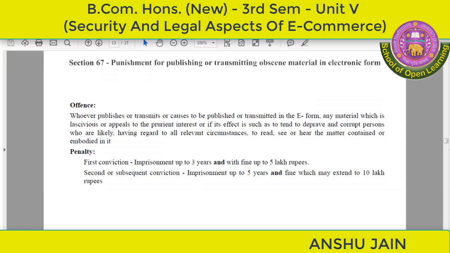And in case the offense is repeated, then from the second time onwards you will have imprisonment up to 5 years along with a fine which may extend to 10 lakh rupees. तो अगर आप किसी भी तरीके का ऑब्सीन मटेरियल डिजिटल प्लेटफॉर्म पे पब्लिश कर देते हैं, उसको शेयर करके ट्रांसफर करने की कोशिश करते हैं, then you will be found guilty, और पहली बार में आपकी फर्स्ट कन्विक्शन के हिसाब से 3 साल तक की सज़ा और 5 लाख तक का फाइन होगा, और अगर दोबारा से आप इस तरह की हरकतें करेंगे then 5 साल तक की आपको सज़ा हो सकती है, along with the fine which may extend to 10 lakh rupees.